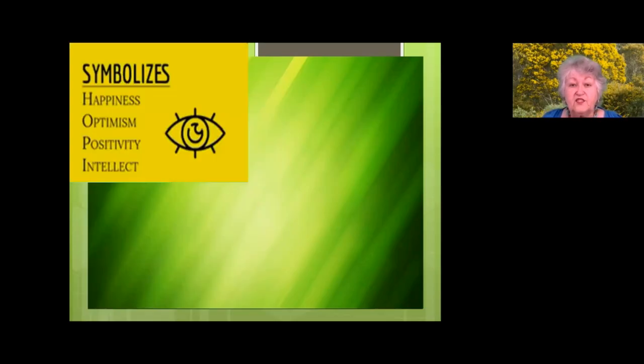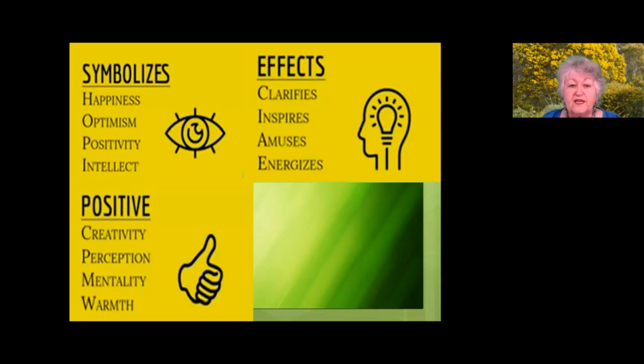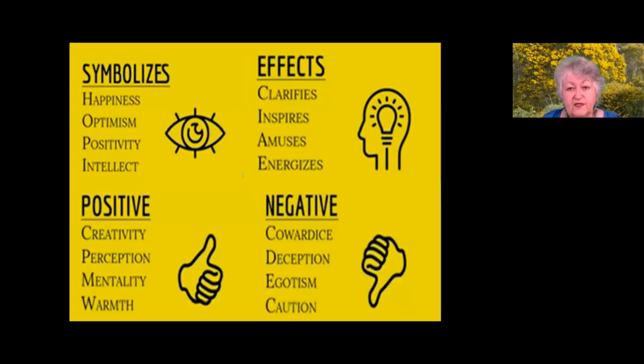This then leads to a number of characteristics. Firstly, yellow symbolizes happiness and optimism and positivity and intellect, and its effects on humans is that it clarifies thinking, it inspires, it amuses, and it also energizes. Positive characteristics are creativity, perception, mentality, and warmth, and the negative ones are all about cowardice, deception, egotism, and caution.